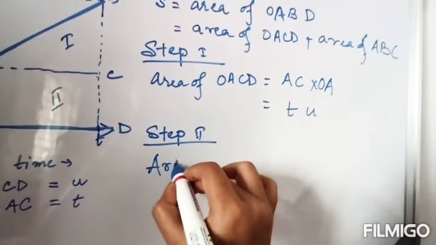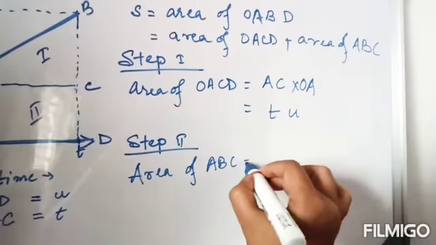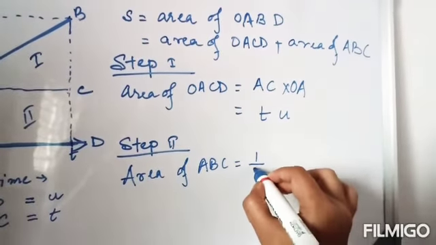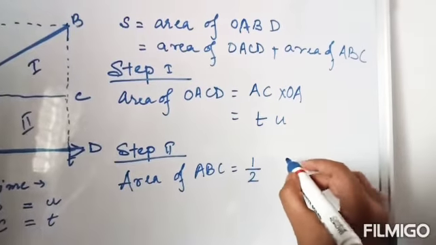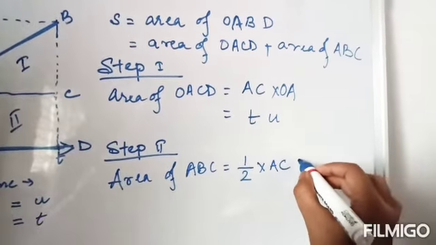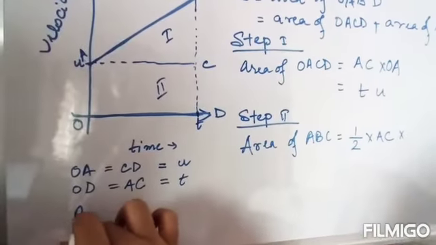Area of ABC is what? We know half base into height. What is the base? Base is AC. And what is the height? BC. So what is BC? BC we have already got, no?